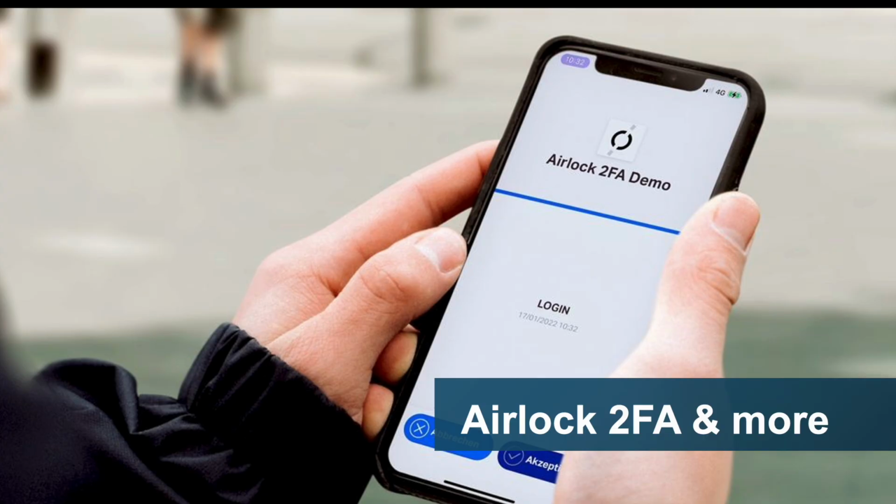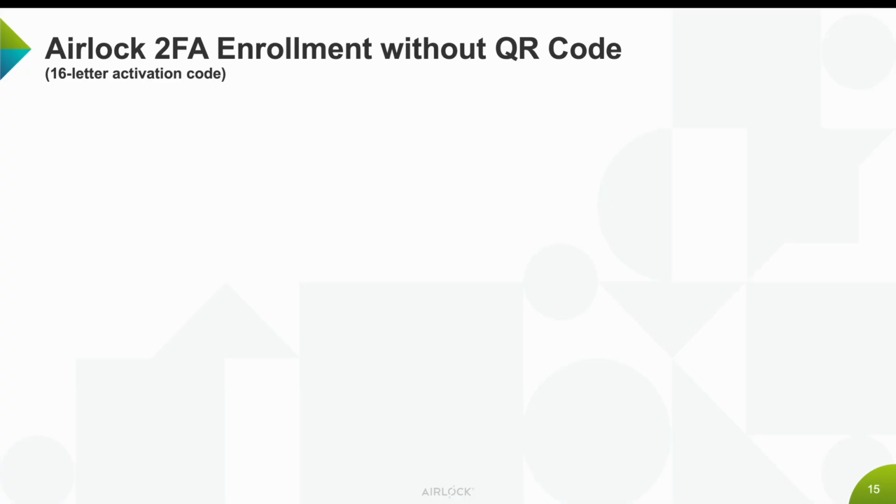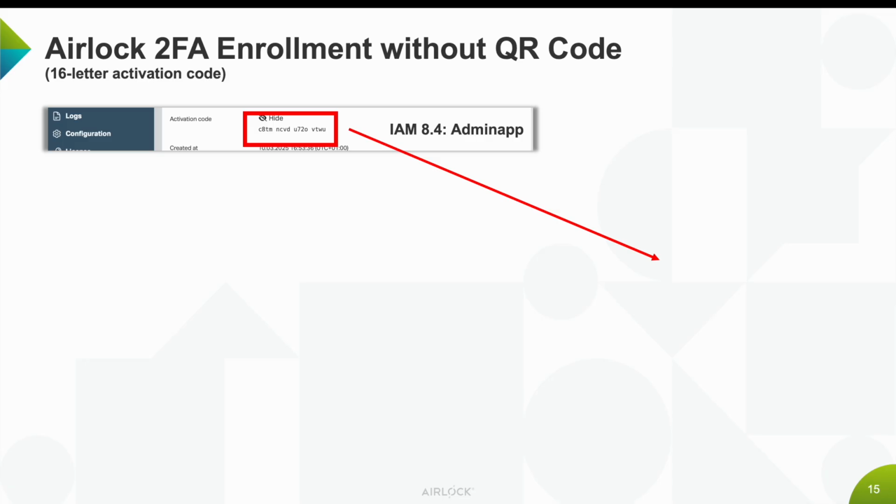Some improvements have been made to Airlock 2FA and other authentication-related topics. Let's start with the Airlock 2FA enrollment code, the one without QR code, also known as the 16-digit activation code.